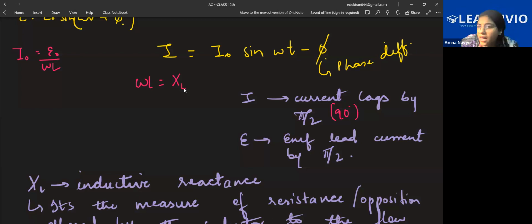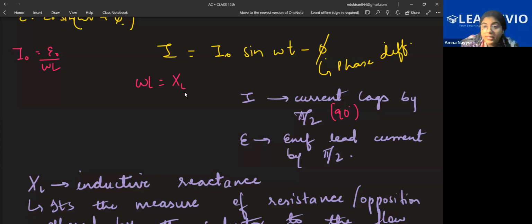You cannot use R, because R is the resistance for the circuit having only a resistor. So we need to use some other symbol. That other symbol is X with a subscript L. This is not exactly a subscript, but you do not write it completely. XL is basically the resistance of the circuit having only an inductor. Omega is what?